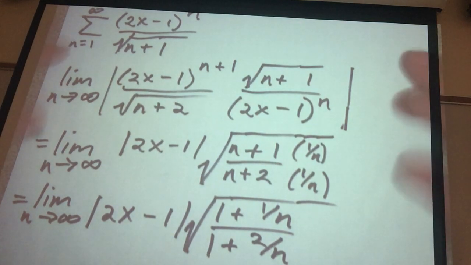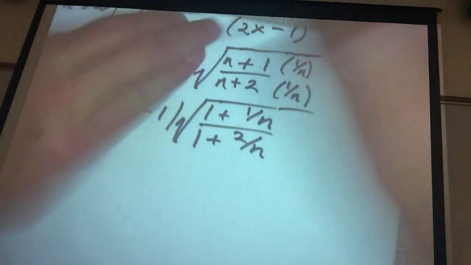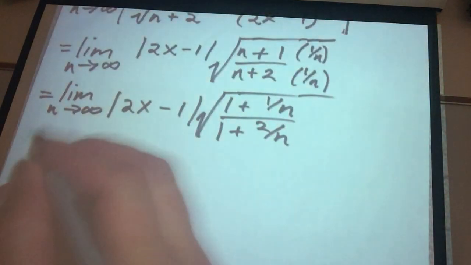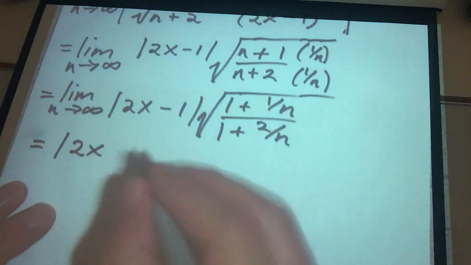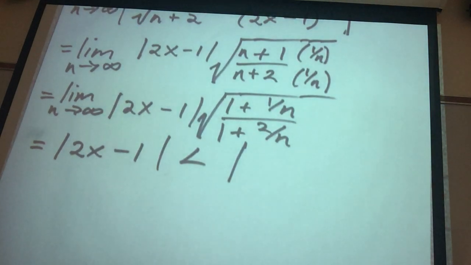Now the test says that this always has to be less than 1. So the absolute value of 2x minus 1 has to be less than 1. But 1 is not the radius of the problem.